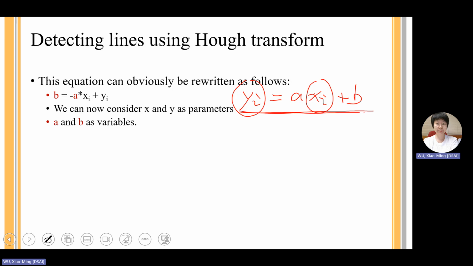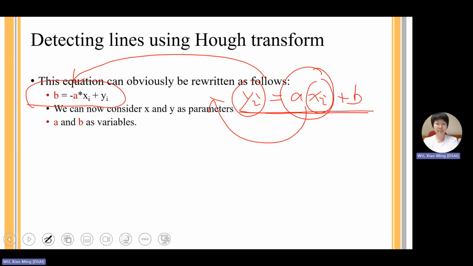And this equation can be written in an equivalent way. We just move this to the other side, so we can write this equation as b equals this. They're equivalent. But now let's consider the dual space. In the dual space, the variables are A and B, while xi, yi are the parameters.